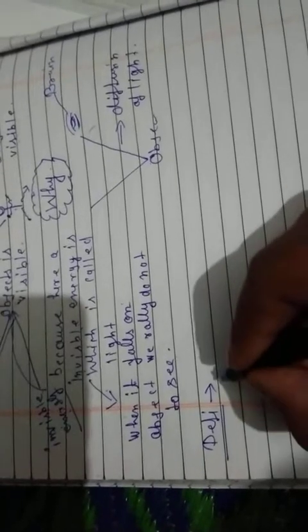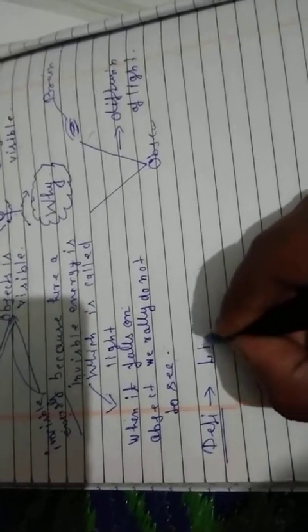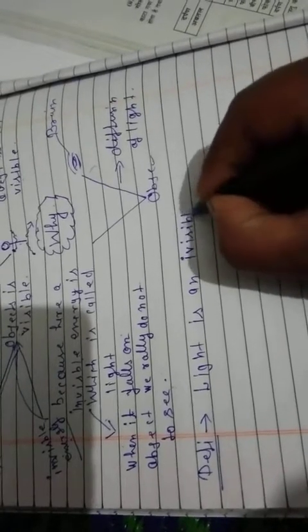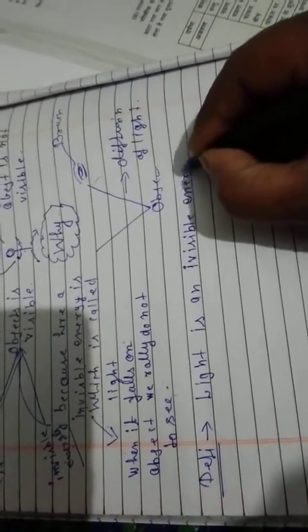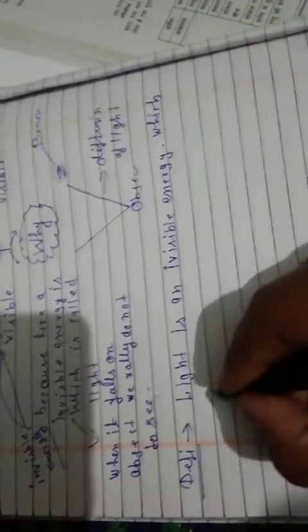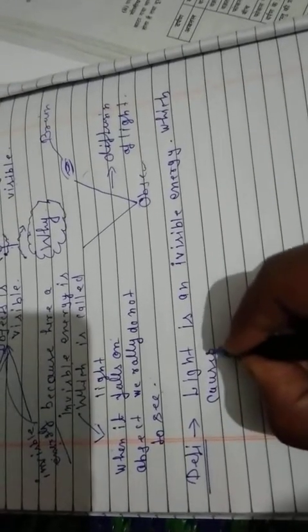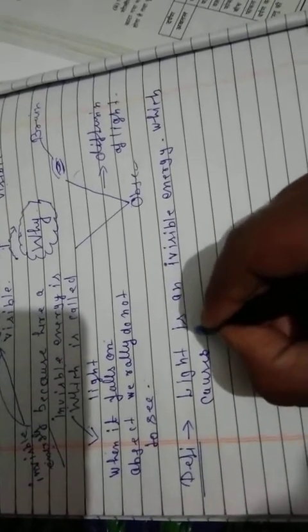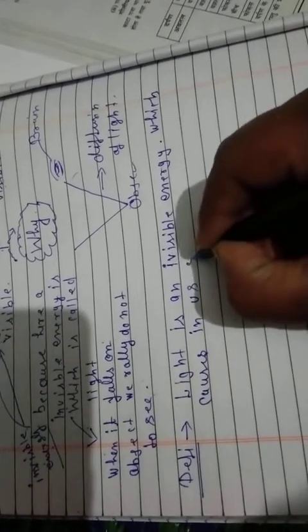Okay, so now we have this previous knowledge, and some knowledge related to light, and now we are going to write the definition of light. In the definition of light we have 2 or 3 points which we already discussed. Light is an invisible energy which causes in us the sensation.